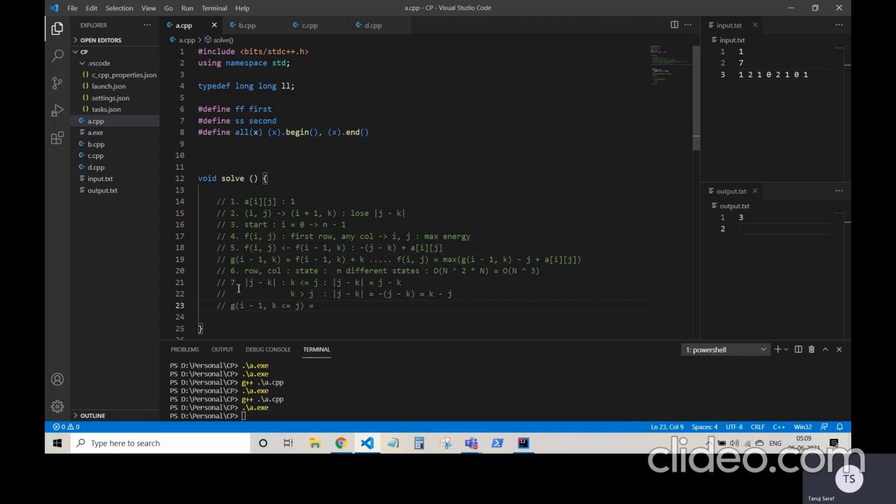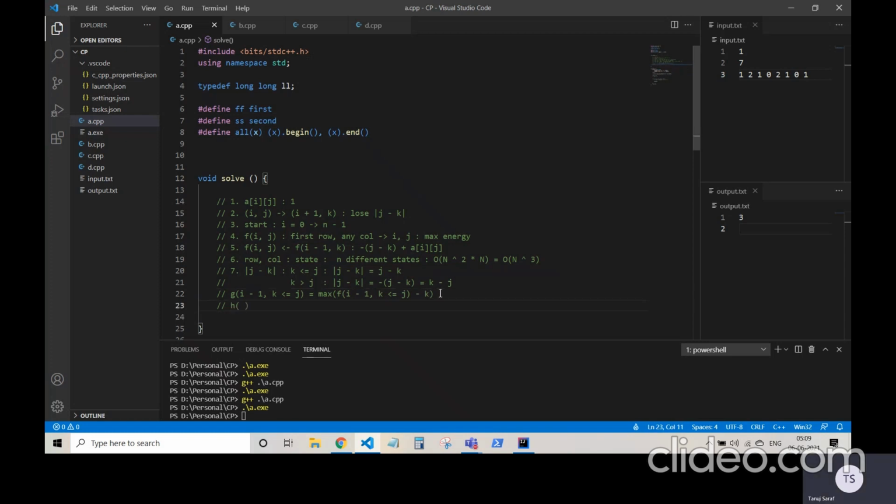So let's remove this and call this g, where we store the maximum of f of i comma k, where i minus 1 comma k, where k is less than or equal to j, and along with this we store the value of minus k. It is the max of this particular thing.